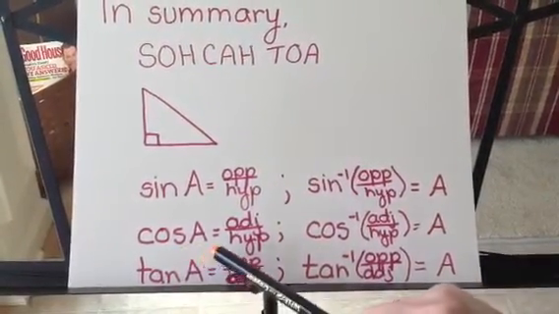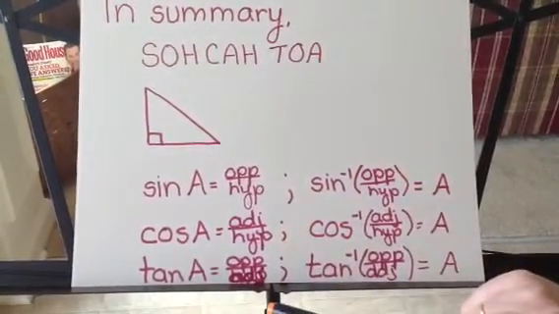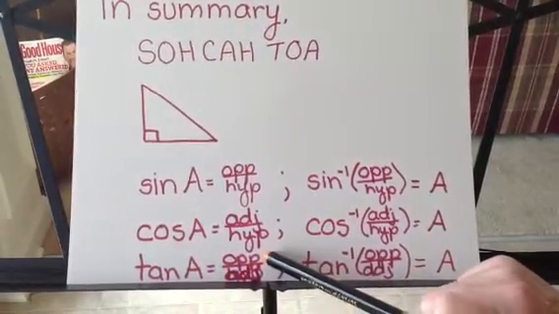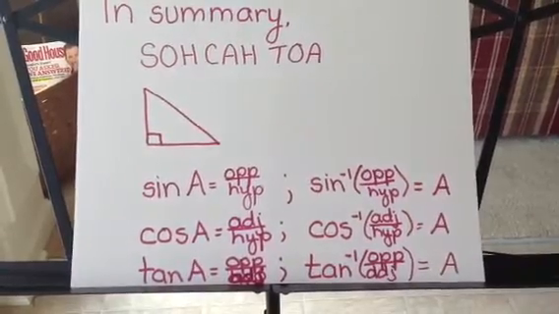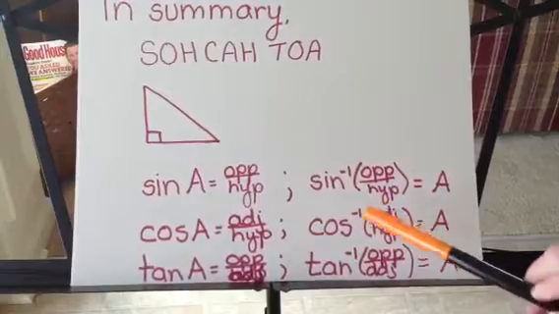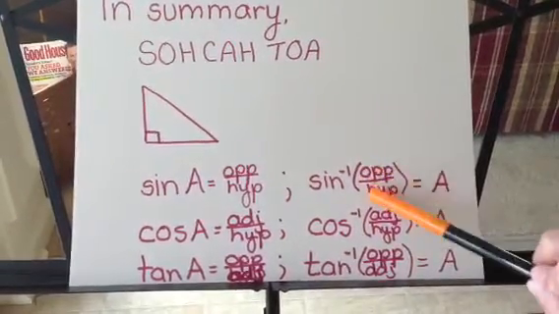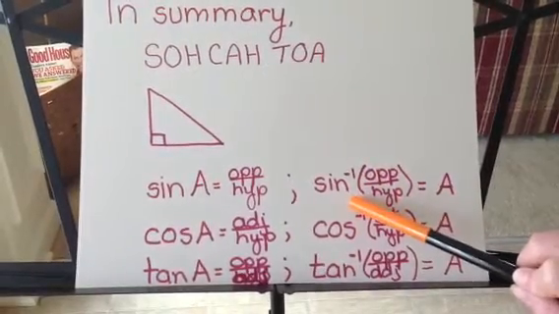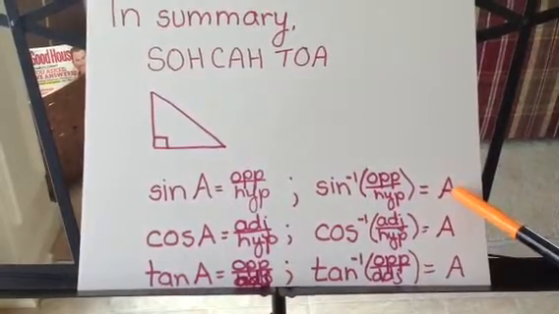The cosine is the ratio of the adjacent side to the hypotenuse, and the tangent of an angle is the opposite side over the adjacent side. And anytime we know the value of the ratio of the sides, we can use an inverse function to help us find what that angle measure is.